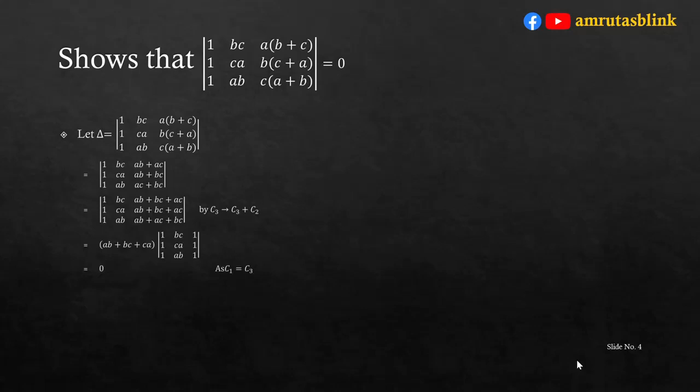In this determinant also C1 is equal to C3, hence its value is 0, and the value of delta becomes (ab+bc+ca) into 0, which is 0. Hence it is proved that the given determinant is equal to 0.